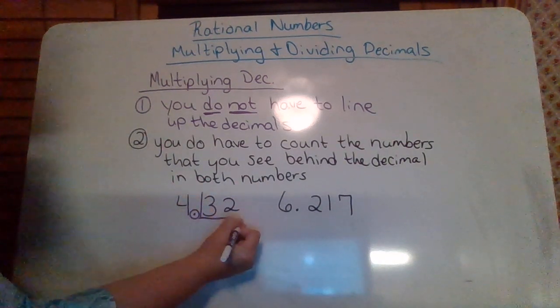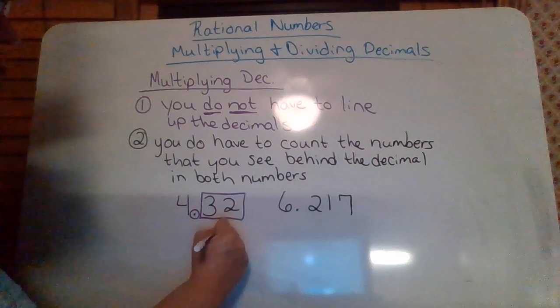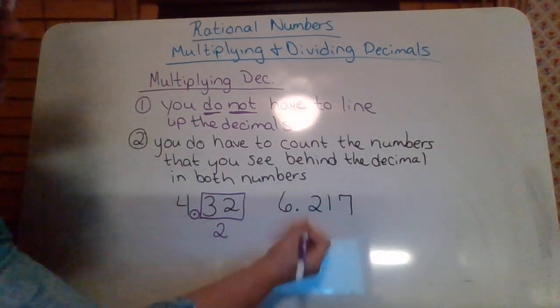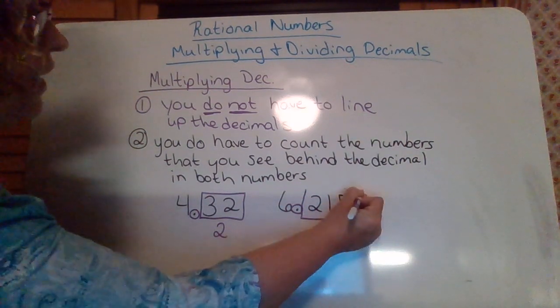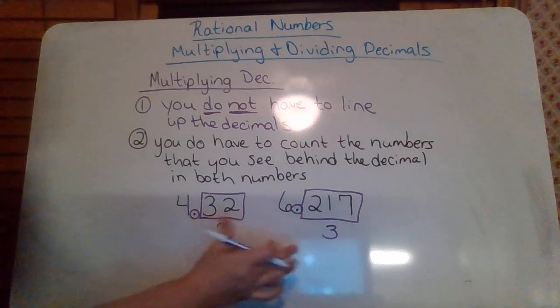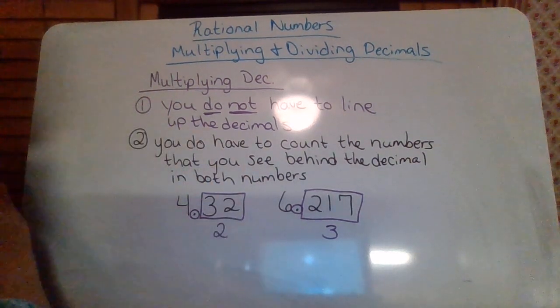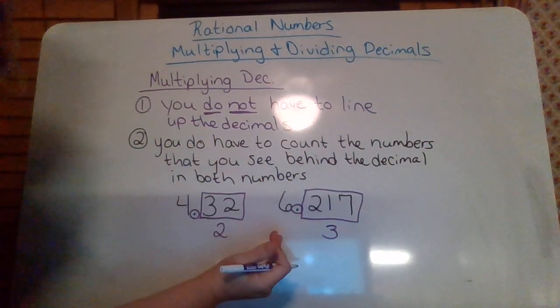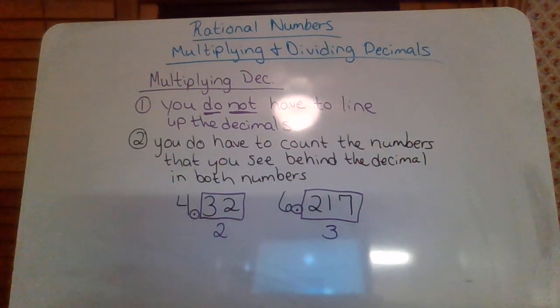So anything behind the decimal. So you've got 2 here. Here's the decimal here. So anything behind the decimal. So there's 3 there. So those are the ones that we're looking at. When I say you're counting the numbers that you see behind the decimal, that is what I'm talking about.